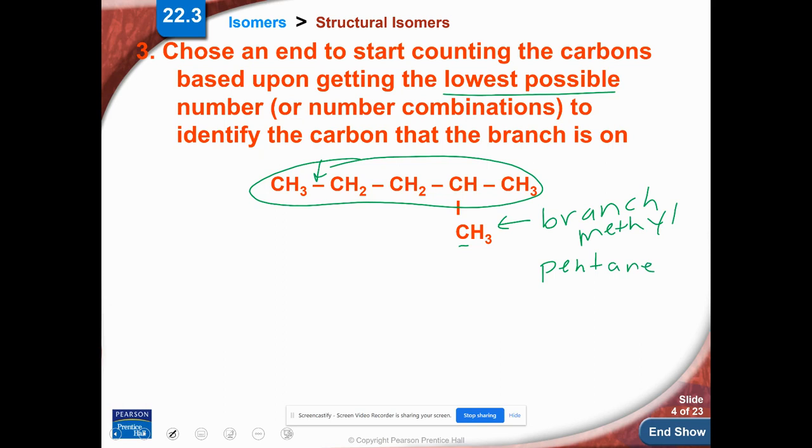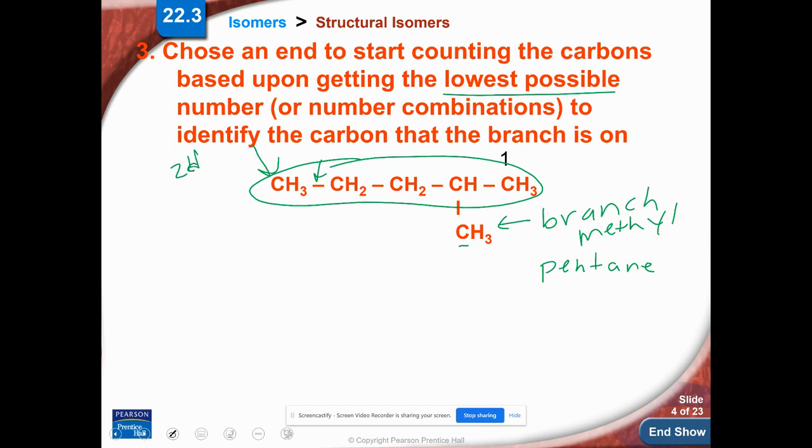So now I have to say, where is that branch located? Why am I calling that carbon number 1? Why am I not calling this carbon number 1? Well, you have to remember, this is a 2-dimensional drawing of what exists in 3 dimensions.